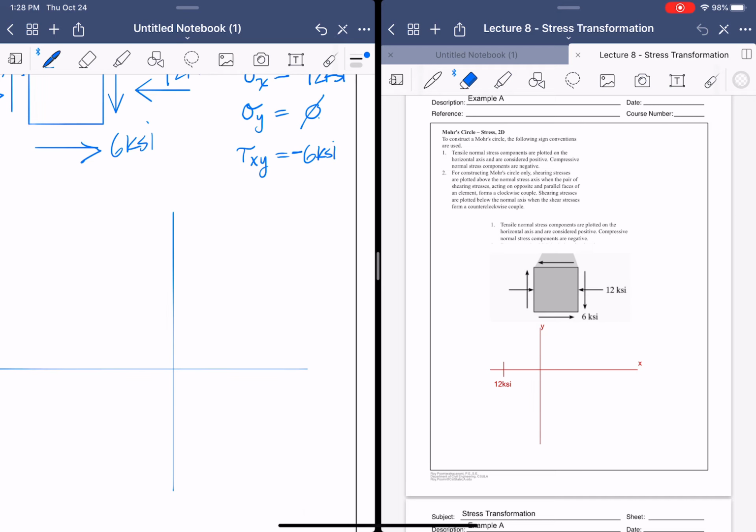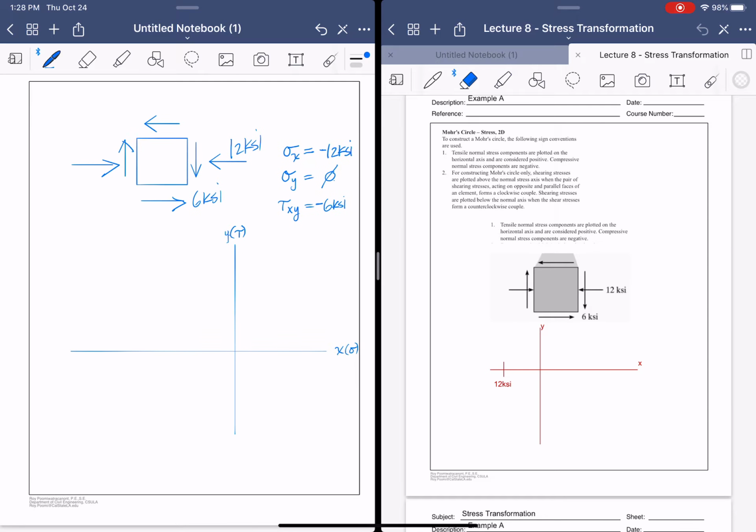Here, what we'll do is we'll say that that's x, could be our y, but really that becomes our sigma, and that becomes our tau, and we know that this is shown that way, okay? All right.